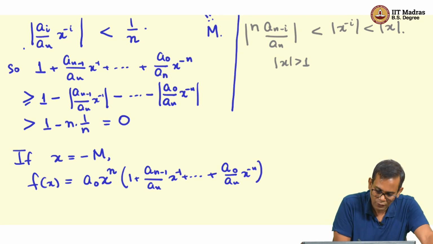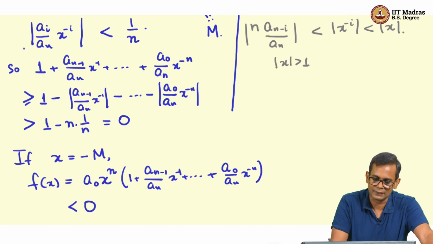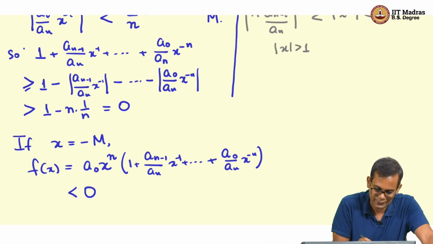Well, since a naught is positive, x is negative, this is going to be less than 0, and this third term in parentheses is also positive. So, this is going to be less than 0.